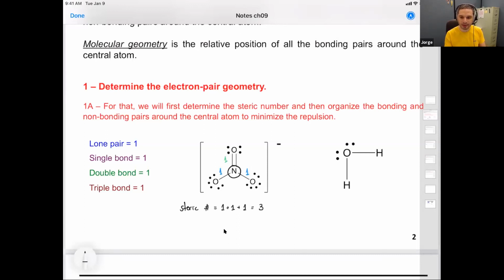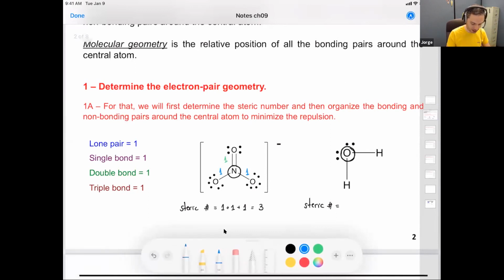And let's do the same thing for the water molecule. We are going to look at the central atom, which in this case is oxygen, and determine the steric number for the oxygen atom. In this case, we have two lone pairs, so each lone pair will contribute one unit to the steric number.